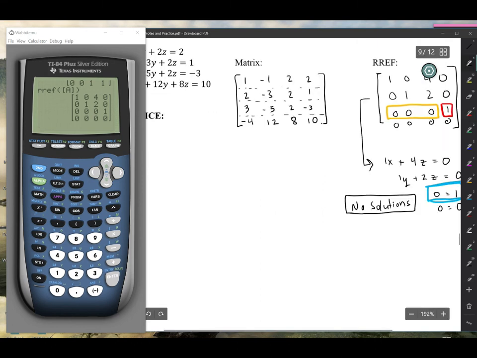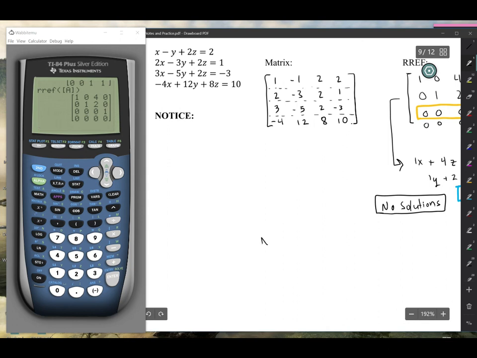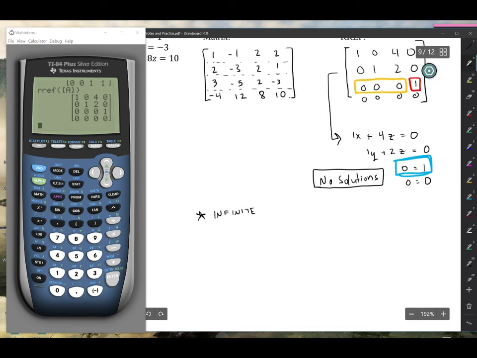Now an example with infinite solutions is going to look similar. Say you do RREF and you get something like 1, 0, 4, 0, and maybe 0, 1, 2, 0. And the last is just all zeros. So let's just say that's a little different.